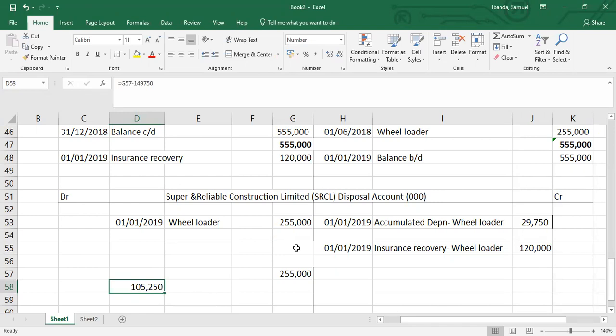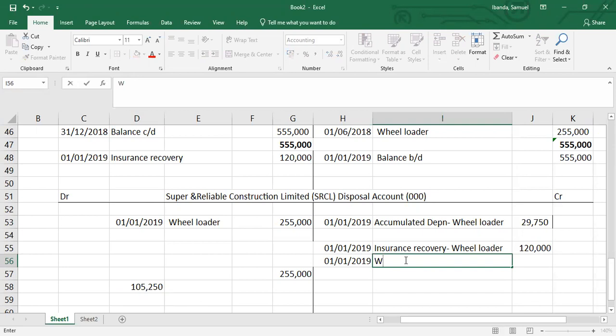Okay, so what I'll do is I'll come here on the same date, 1st January 2019, when it was written off. I'll basically say written off amount.